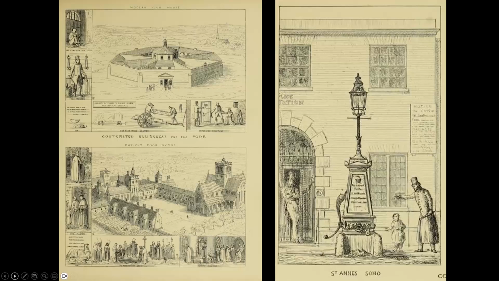I couldn't resist putting in the contrast between water in the 19th century and water in the medieval. So here we are in St Anne's, Soho, with a private water pump. The child is being chased away by the peeler as she doesn't have a penny to get a cup of water.